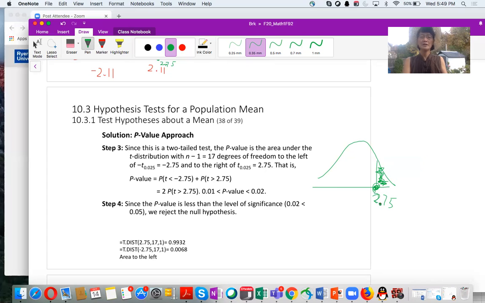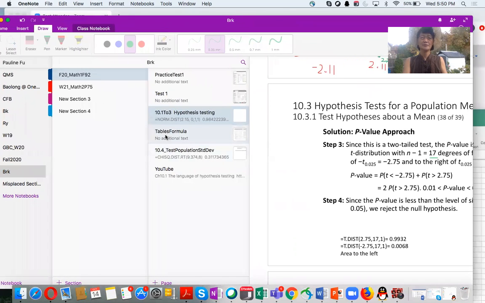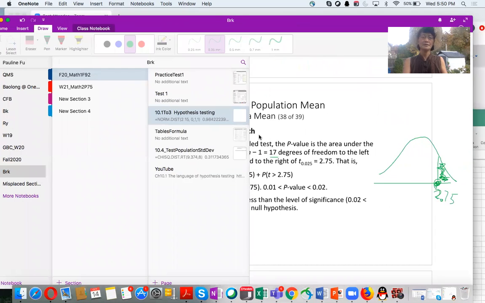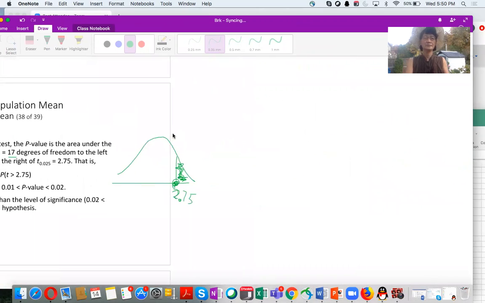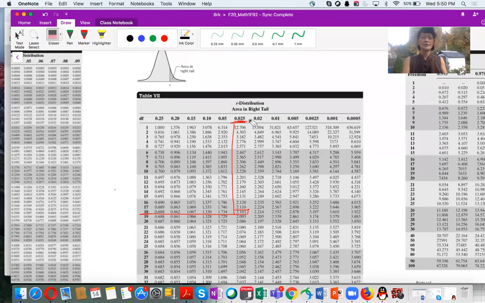Remember, when you go to the table, you can just find the range of a p-value. Remember the degree of freedom is 17. So locate degree of freedom 17.